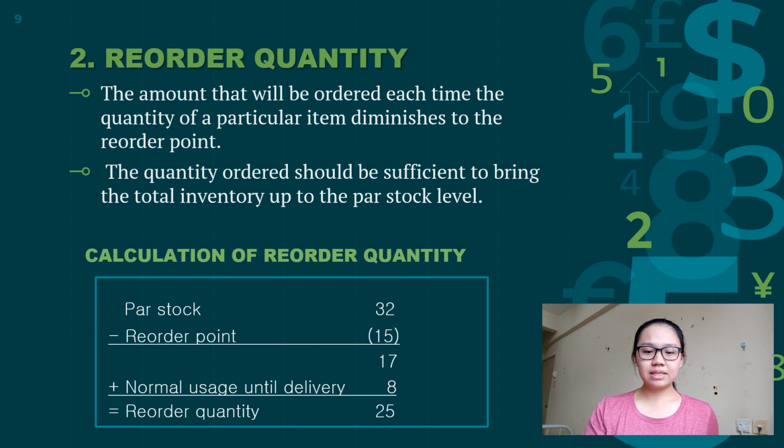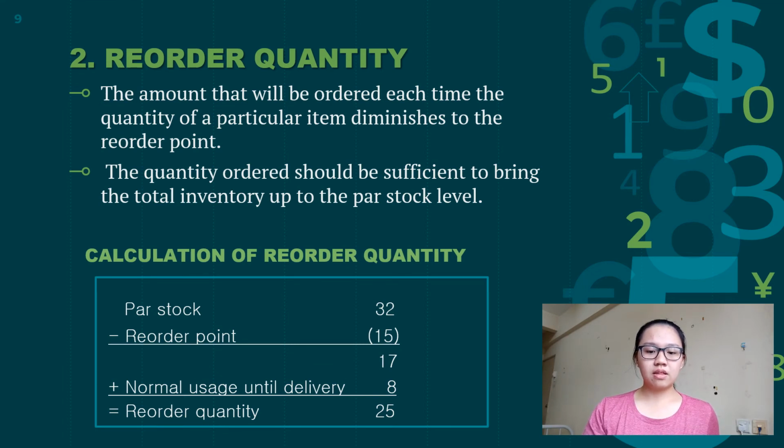Hi, my name is Elia Gusrin and I will be explaining about reorder quantity. Reorder quantity is the amount that will be ordered each time the quantity of a particular item diminishes to the reorder point. The quantity ordered should be sufficient to bring the total inventory up to the par stock level.